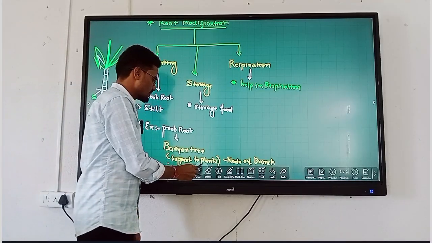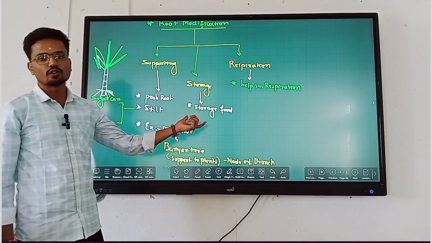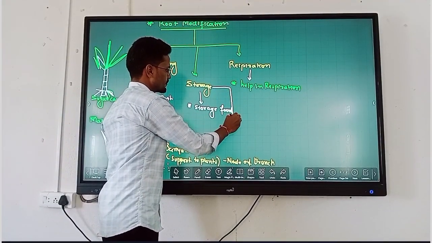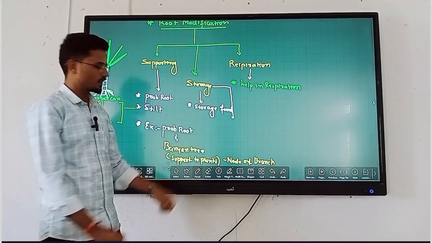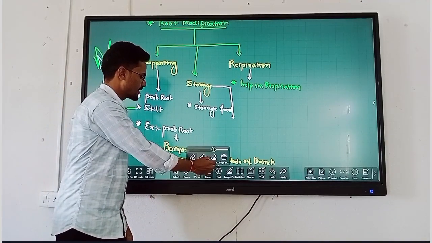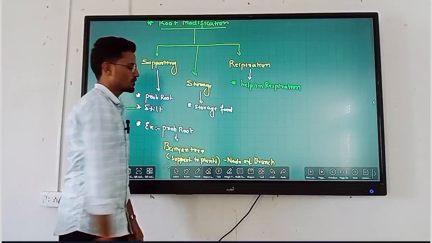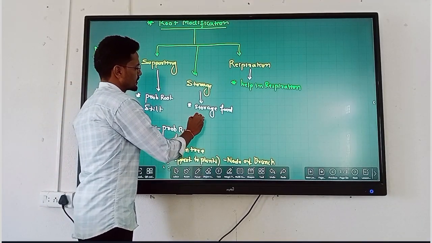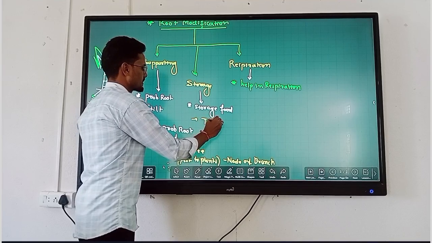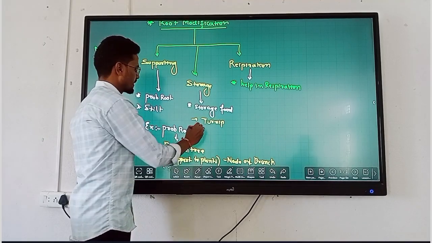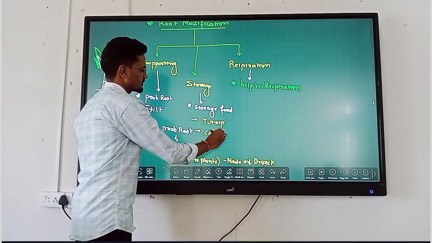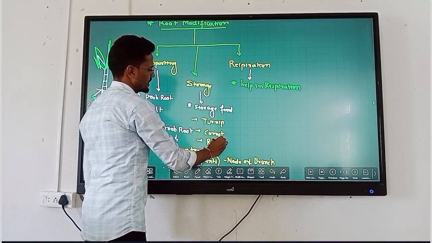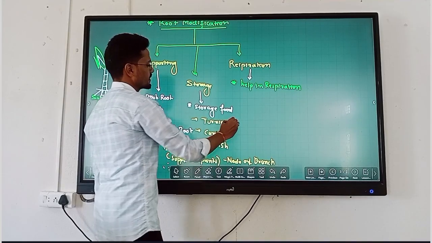When we see the storage roots, they are those roots which store food. Those help in the storage of food. Examples for this are turnip, carrot, radish and sweet potato.